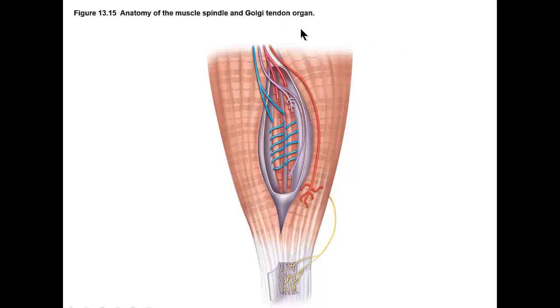Now, in your worksheet packet, there's a really nice diagram of the muscle spindle. It's on page 330.